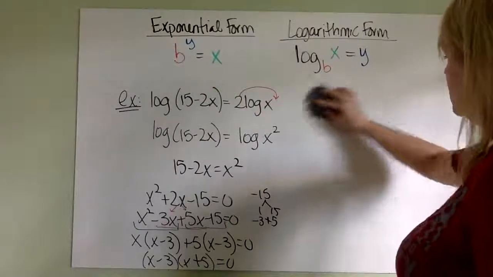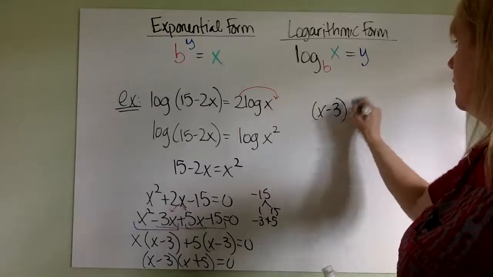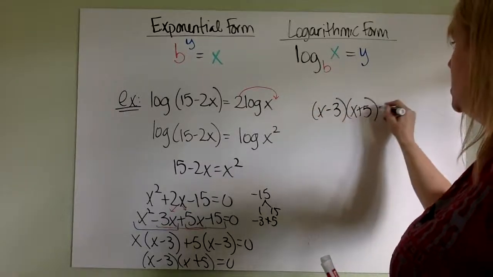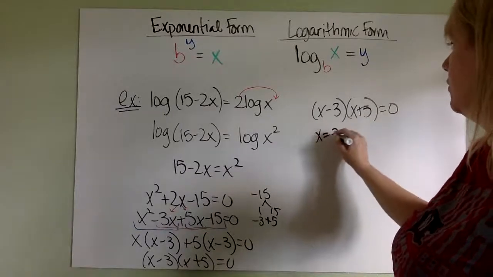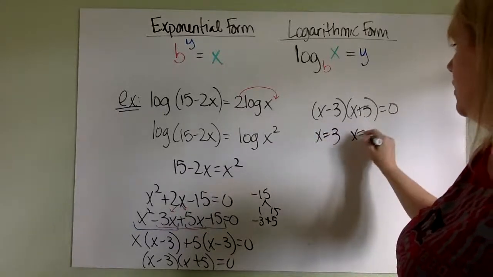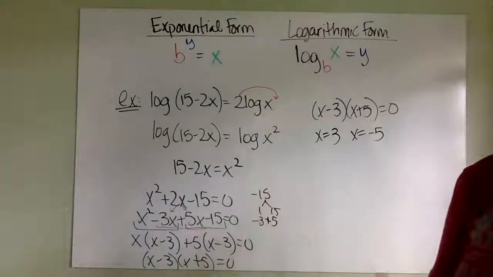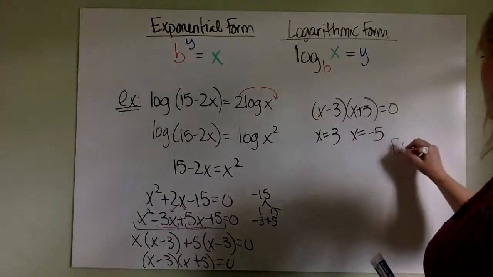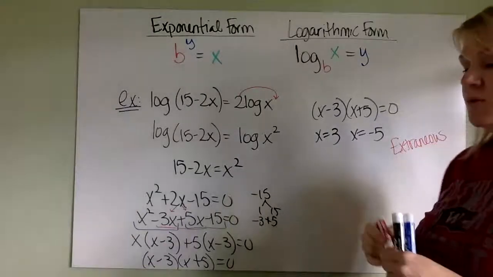And so my solution would be, using our zero product property rule, x minus 3 equals 0 at 3, x plus 5 equals 0 at negative 5. Now, you can have what's called an extraneous solution. With logarithms, we have to be careful.